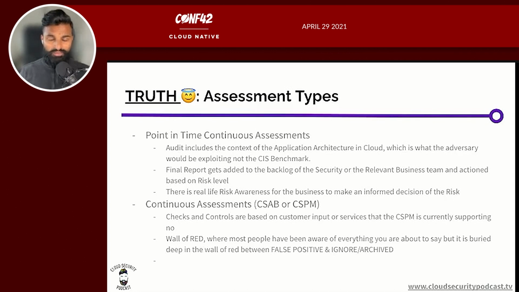If this was real talk, I would ask you to raise your hand if you have seen a wall of red on your CSPM provider. How many have 0 alerts on their CSPM provider? I do not know of that many examples where people have not had false positives because of the lack of context, which is what I was talking about earlier.